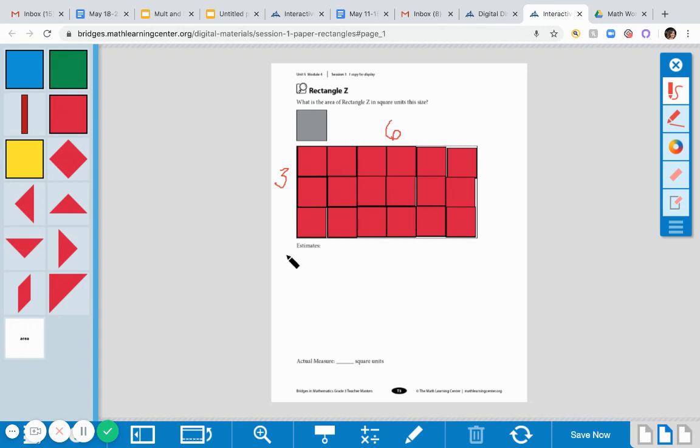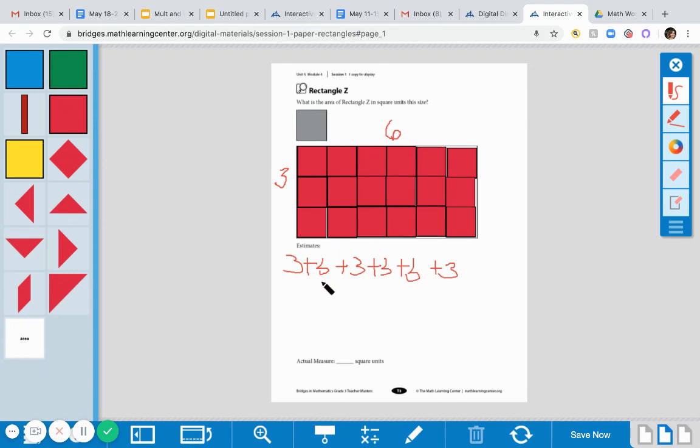So one way we can do that is by adding 3 together 6 times, which is going to be difficult for me to write with this little crayon, but I'm going to do it. Repeated addition is one of your multiplication strategies. Okay, so 3 plus 3 plus 3 plus 3 plus 3 plus 3.